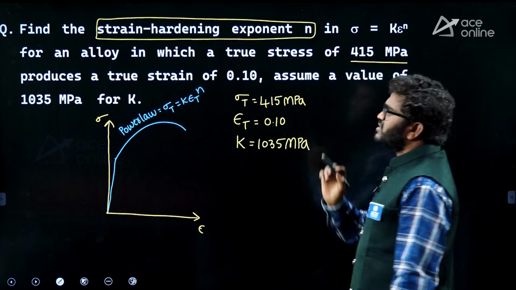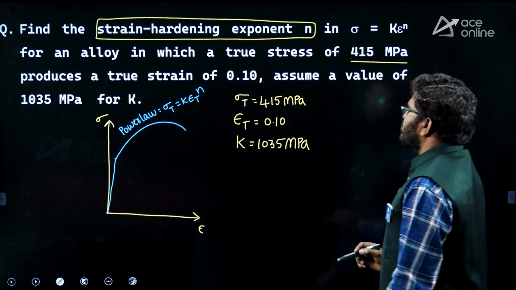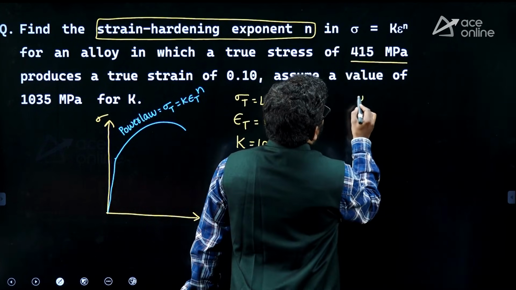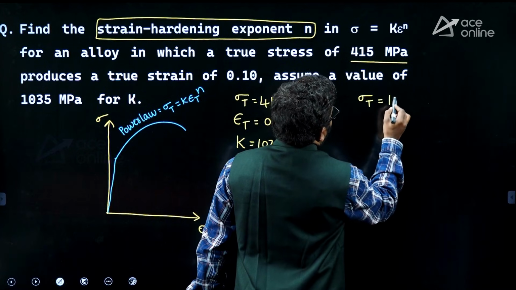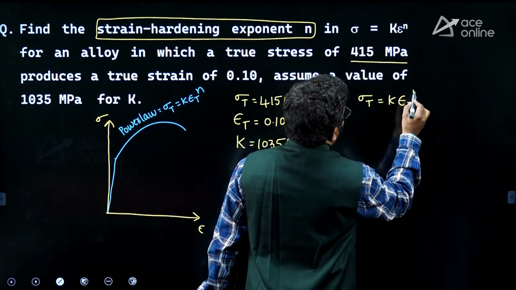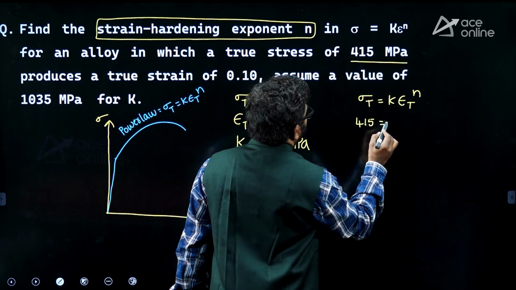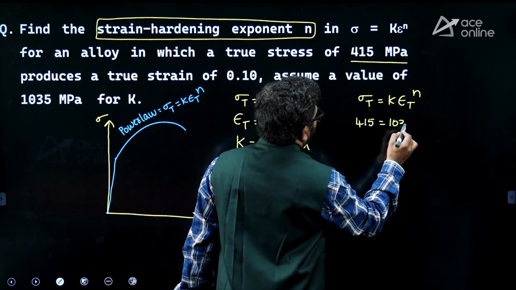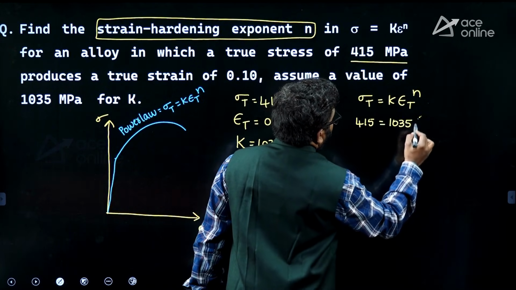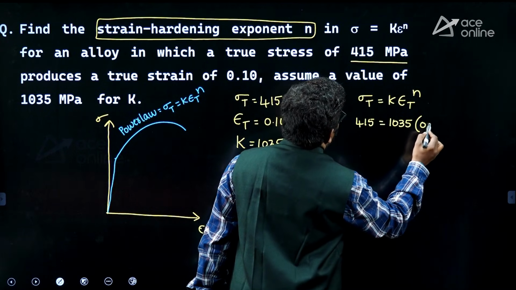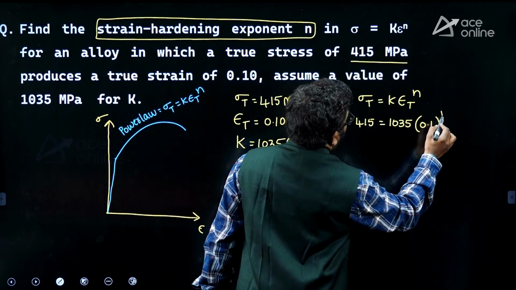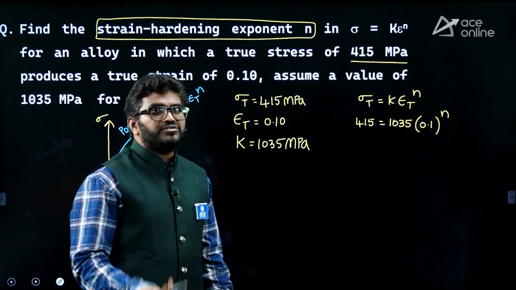It's a very simple question here. Now see here, sigma T is equal to K into epsilon T power n, that is 415 is equal to 1035 into epsilon T is how much? 0.1, okay, whole power n. This value they are asking.